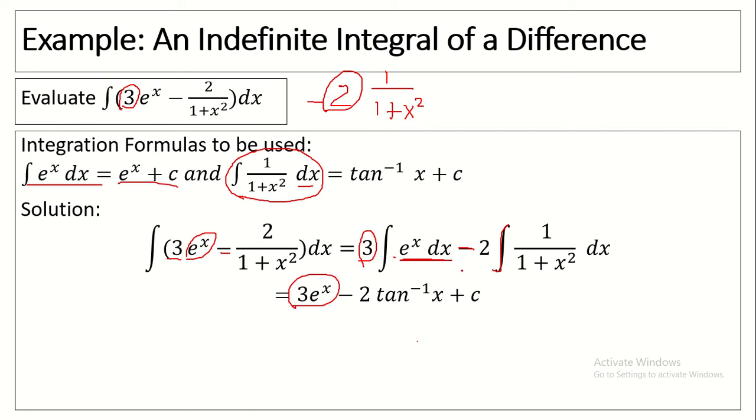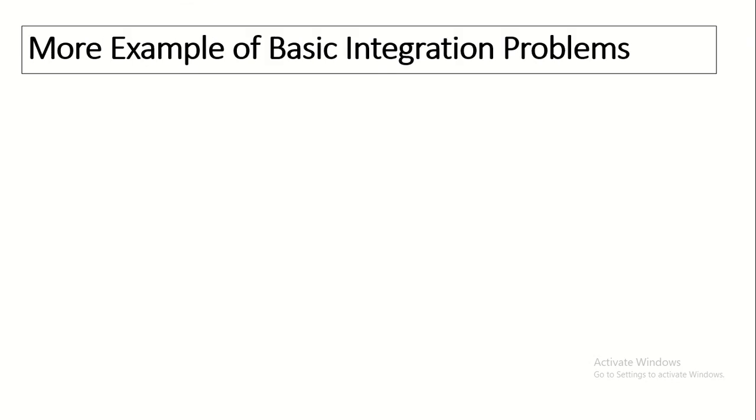Minus 2. So, kopyahin mo lang yung 2. And then, the indefinite integral of 1 over 1 plus x squared is given by this formula. That's equal to tan raised to negative 1 x plus c.